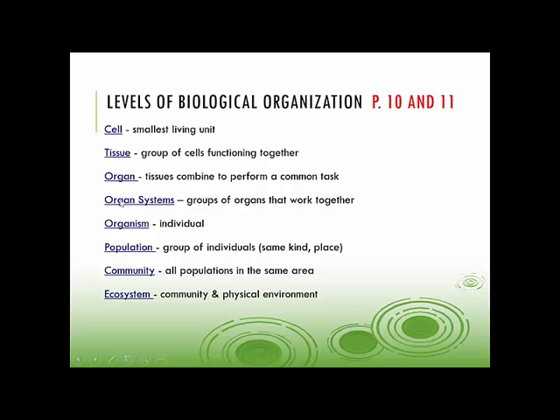Your stomach, your intestine, your large intestine are all organs that make up your digestive system. So that's an organ system. All your organ systems together, so your skeletal, muscular, respiratory, cardiovascular, and so on, make up the individual. Groups of individuals make up a population. They're same kind, same place. Groups of populations make up a community. Groups of communities make up an ecosystem. And finally, you have your biosphere.